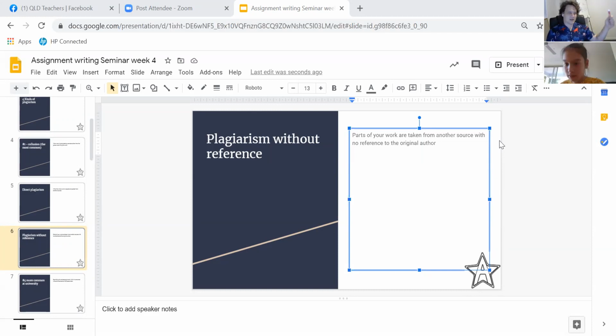Think all the way back to academic writing. If I'm reading this, you tell me where you got your ideas from.